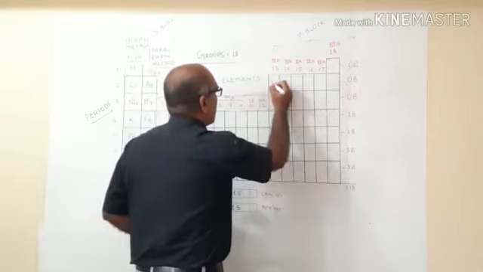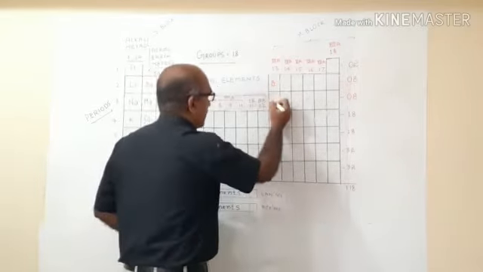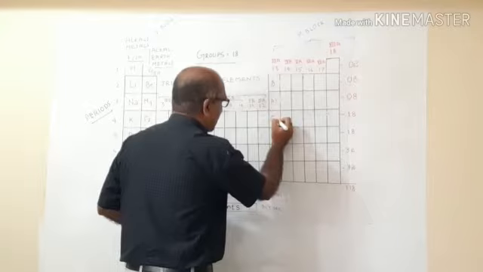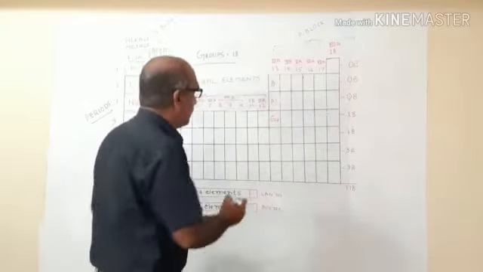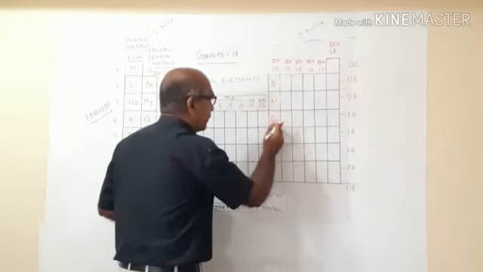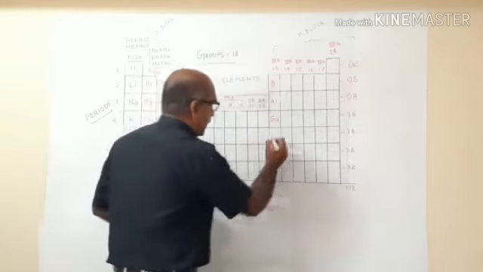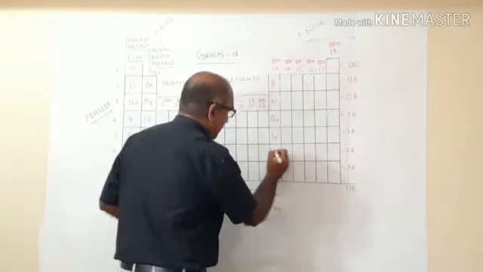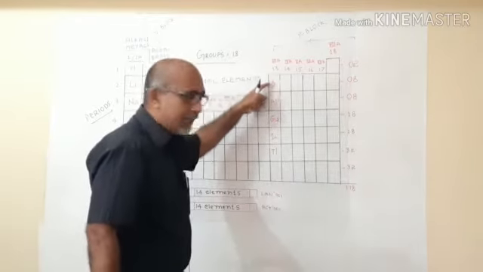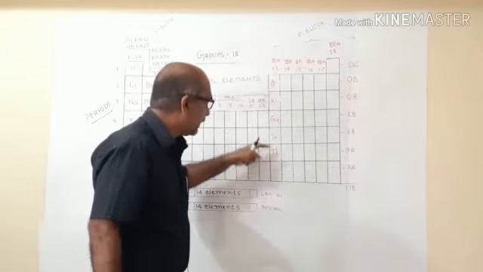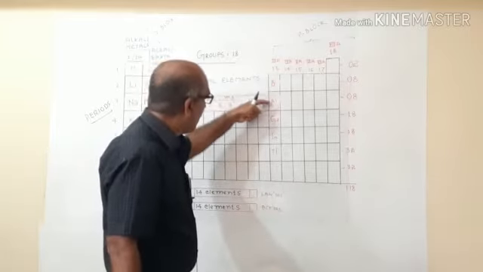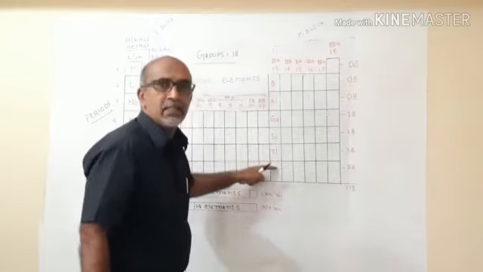We'll start with B, then aluminium: B, boron, aluminium, then gallium, indium, thallium. So B, baingan; Al, aloo; Ga, gajar; In, thaili mein. Very easy. So boron, aluminium, gallium, indium and thallium.